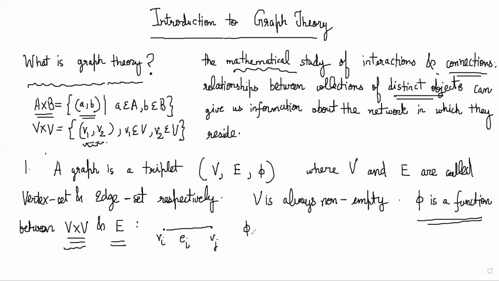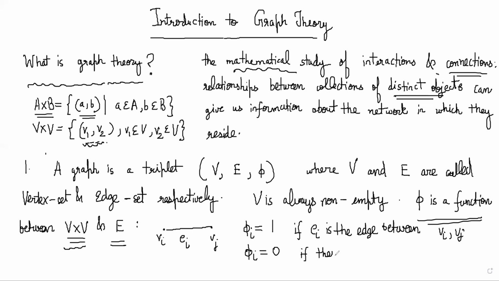So phi will be 1 if Ei is the edge between Vi, Vj, and phi will be 0 if there is no edge between Vi, Vj. This phi is basically called the incidence function.